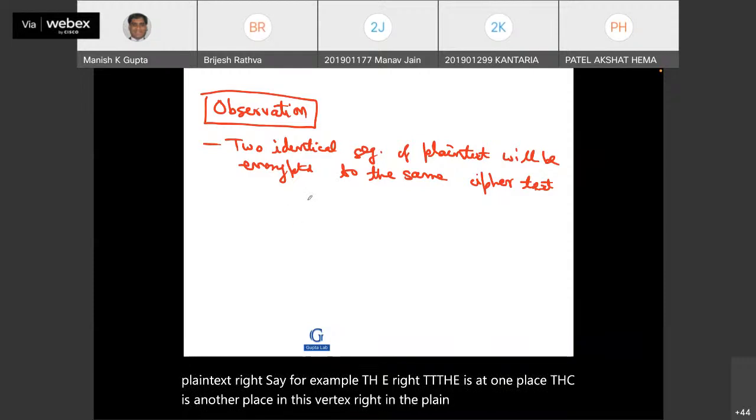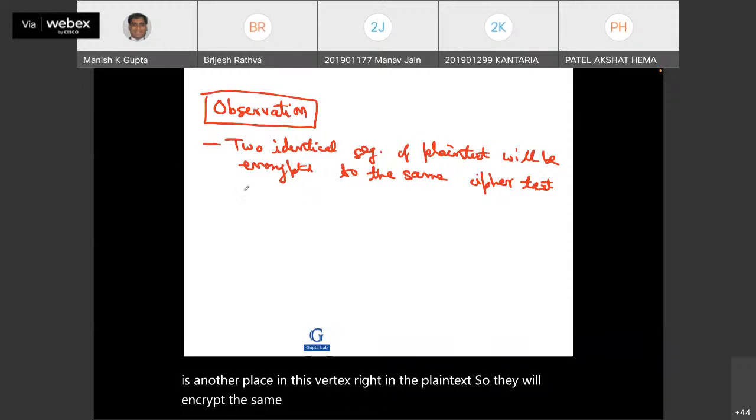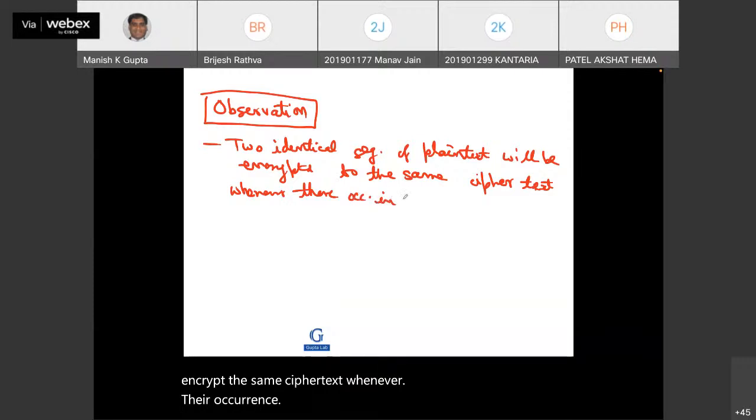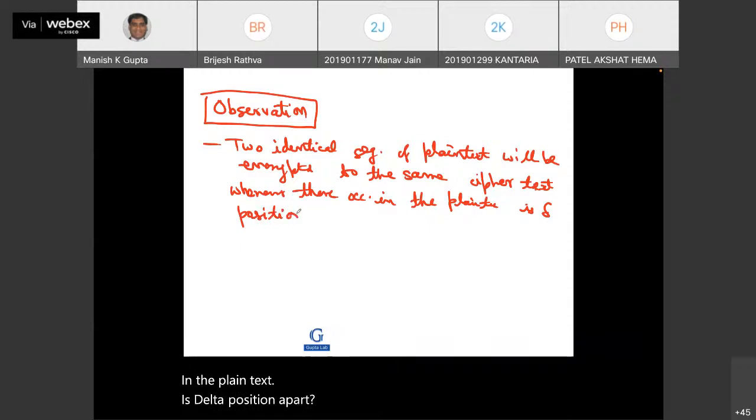They will encrypt to the same ciphertext whenever their occurrence in the plain text is delta positions apart, where delta is a multiple of m.